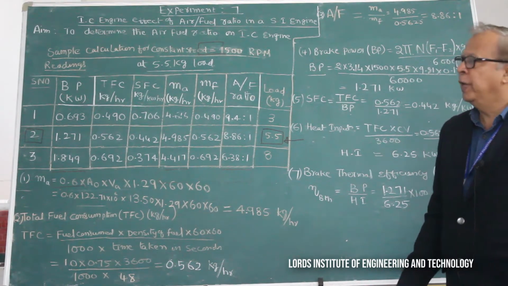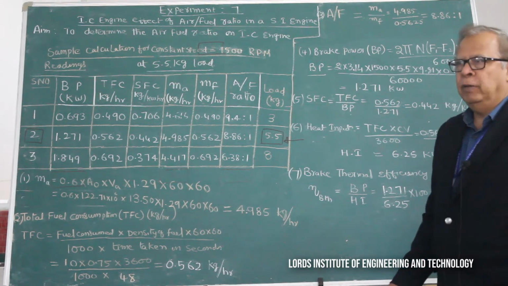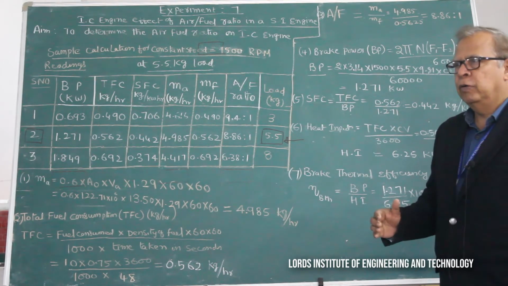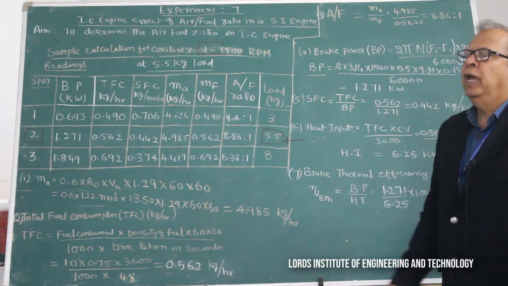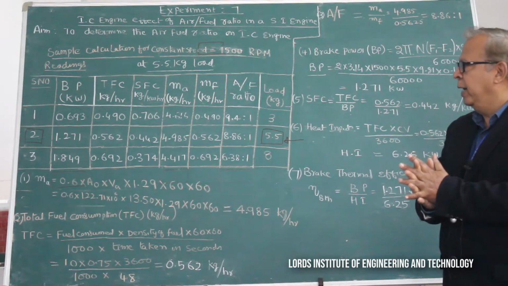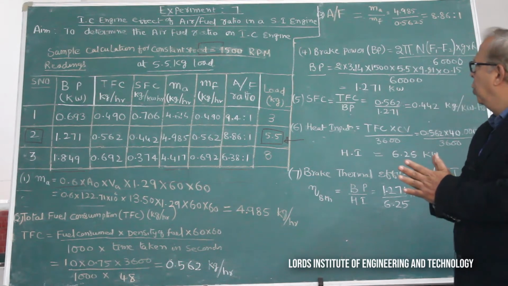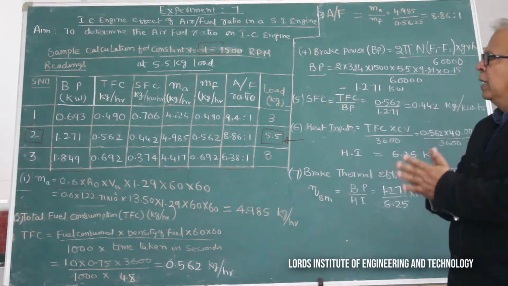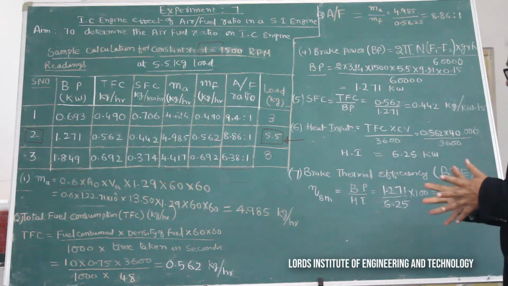The speed which we have kept constant on the engine is 1500 RPM, and we have varied the load from 3 kg to 8 kg. For each load we have calculated the air fuel ratio, right? Then brake power, specific fuel consumption and brake thermal efficiency also we have calculated.